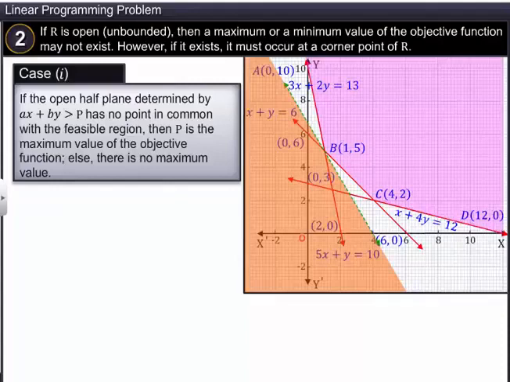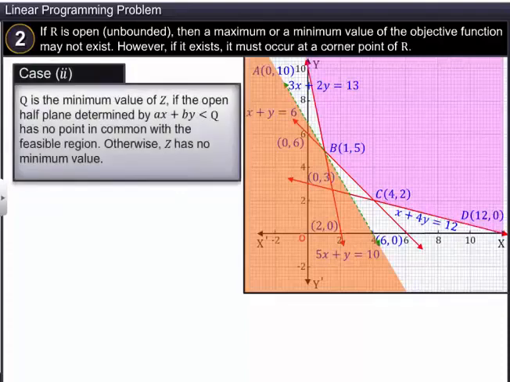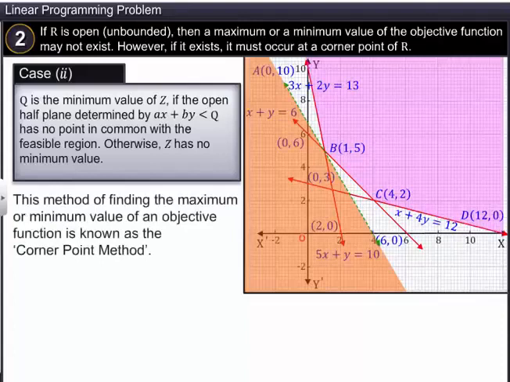Else, there is no maximum value. If the open half plane determined by ax plus by less than Q has no point in common with the feasible region, then Q is the minimum value of the objective function. Else, there is no minimum value. This method of finding the maximum or minimum value of an objective function is known as the corner point method.